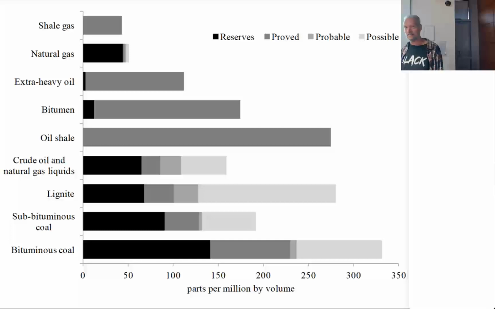That really is the crux of the climate problem. And we have to find a replacement because the stuff is running out, right?